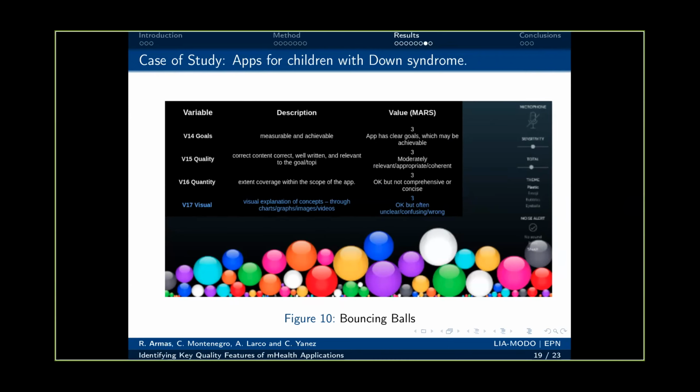And the value is 3, that means okay, but often it's unclear, confusing, or wrong. That means that probably this interface is not good for a specific kind of user, especially with Down syndrome.